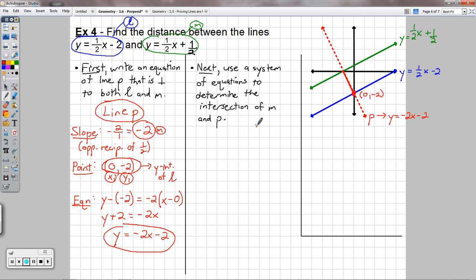Let's see what happens. So line M, the equation for line M again was y equals 1/2 x plus 1/2. And the equation for line P, we found right here, it was y equals -2x minus 2.